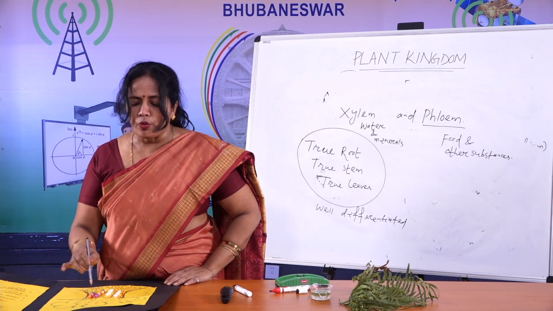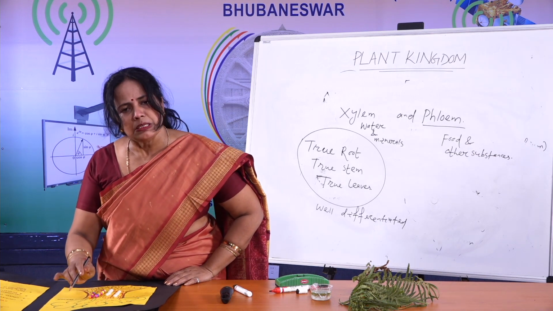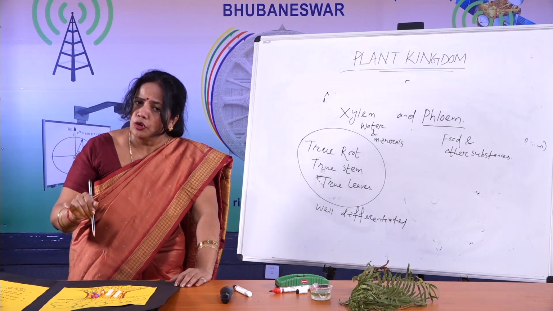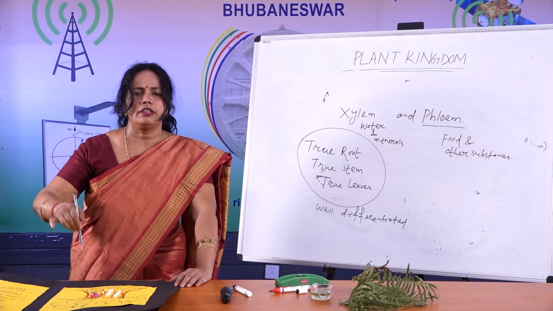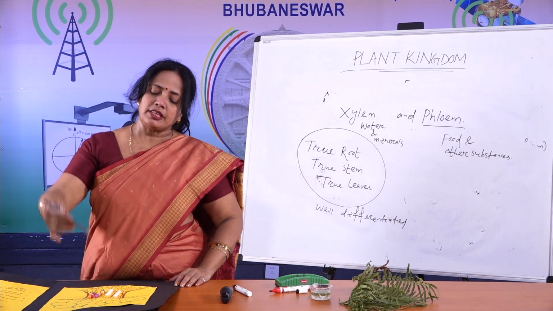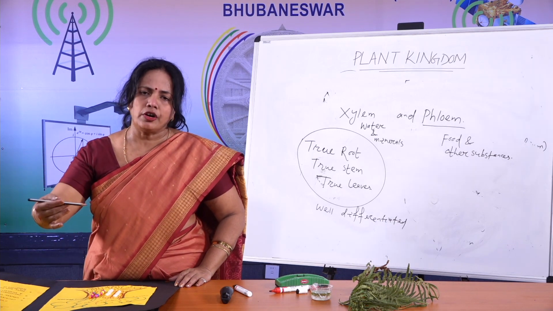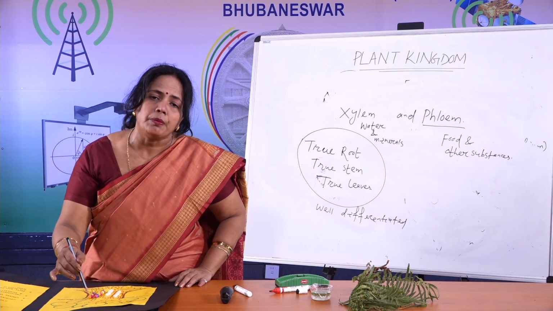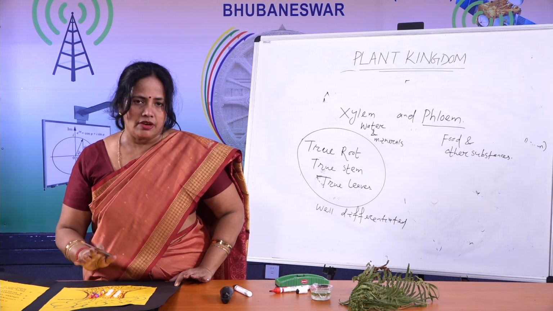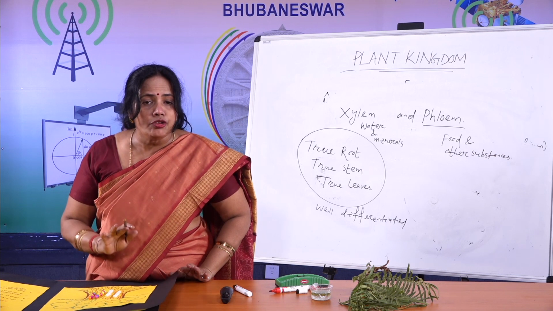Phloem. So why upward and downward? Because the leaf is present in the upper part of the plant and the root is present in the lower part. So it has to come in the downward direction to reach the root, as well as some stems which are above the leaf. Got it? So they have to also move to the upper parts. That's why the phloem transport is bidirectional, whereas xylem transport is unidirectional.